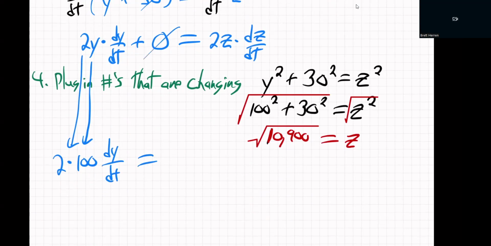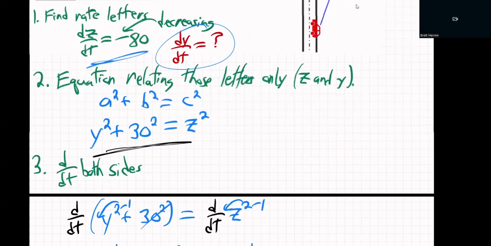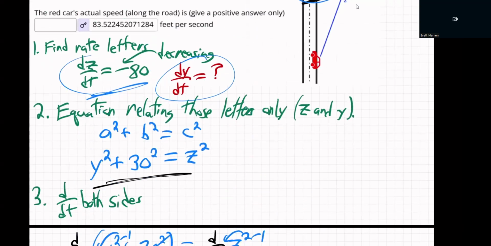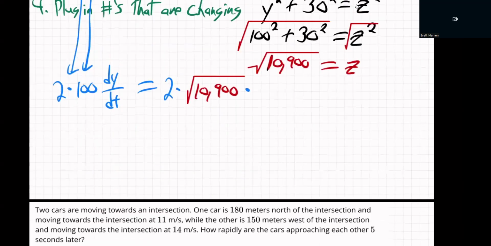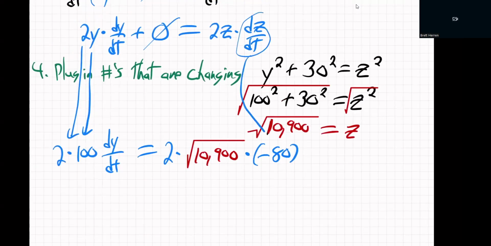So we're looking for dy/dt equals, zeros out of there, 2. And then z is this square root we just found, square root of 10,900, times dz/dt, and dz/dt is up here. It's negative 80. Okay, want to solve for dy/dt.